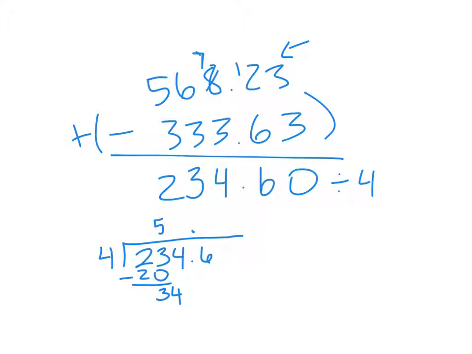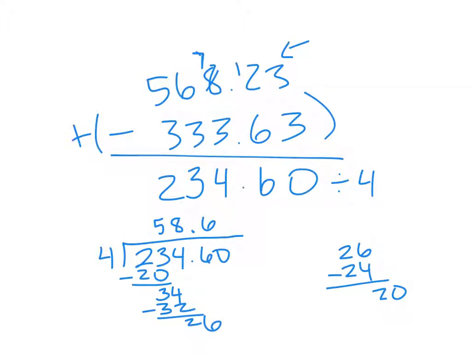Yes, 8, which is 32. Bring down my 6. Can 4 go into 26? 6. 6 times 4 is 24. I'm going to move this over here and keep going. 26 minus 24 is 2. Bring down my 0. 4 goes into 20 5 times.